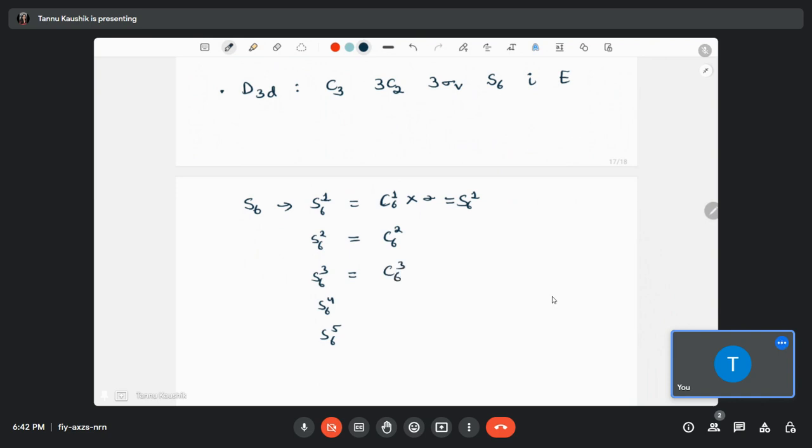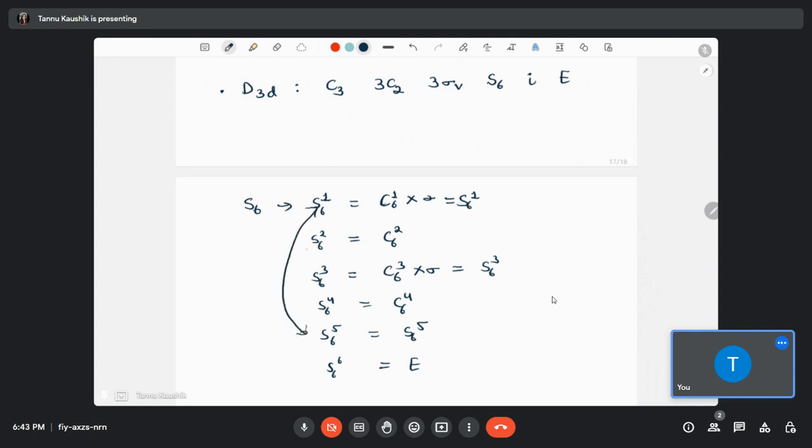This will be C6^3 into sigma, that is S6^3. This will be C6^4. This will be S6^5 only, and S6^6 is the identity element.